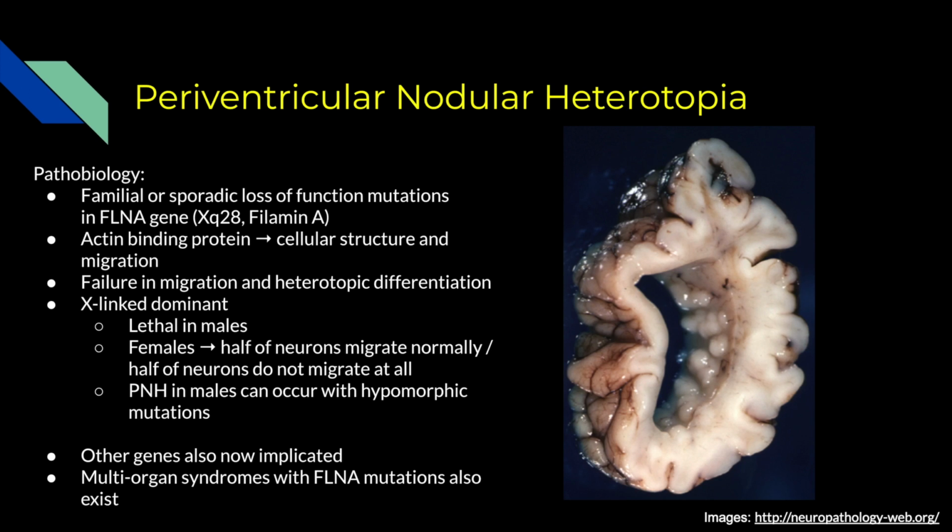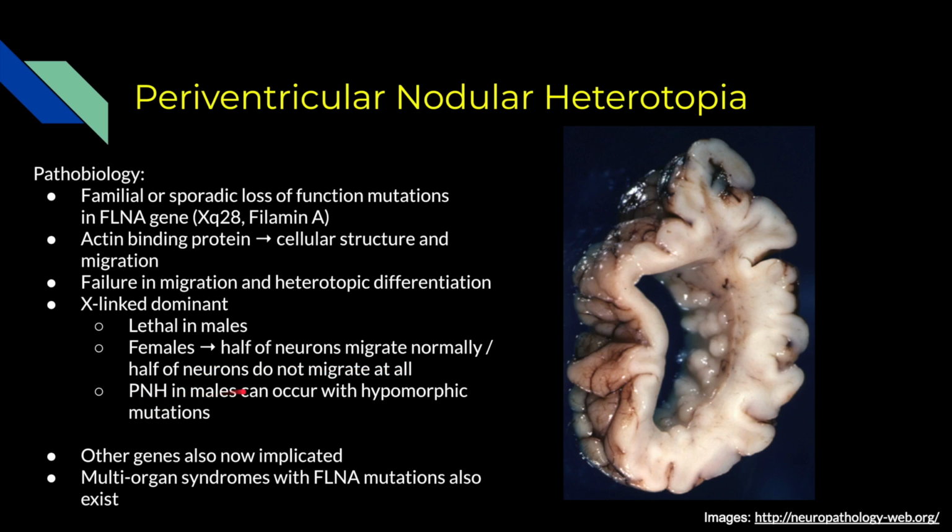And as a result, half of them are able to migrate to their correct location, while the other half remain in the ventricular zone and form these nodular structures in the ventricular zone. Usually this would be smooth. And that's why this is a disease found primarily in females, just because the male phenotype is incompatible with life.